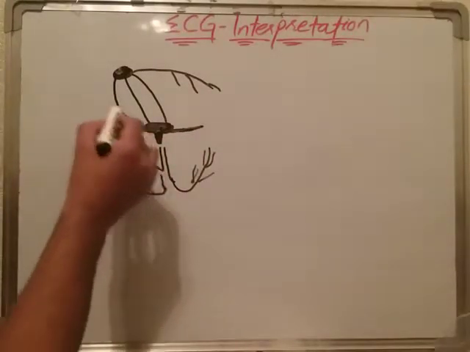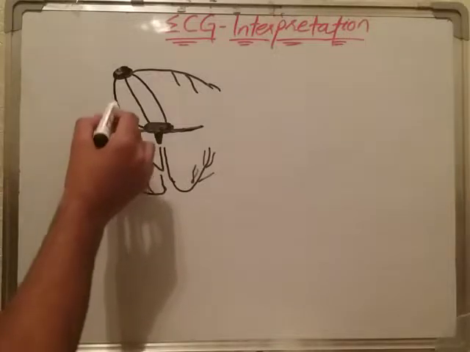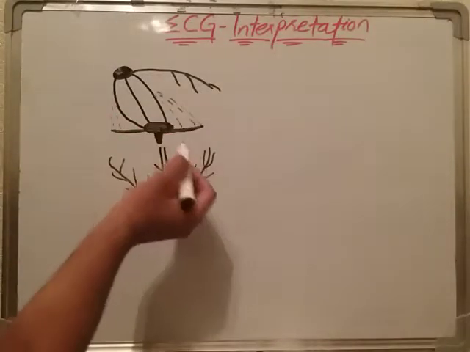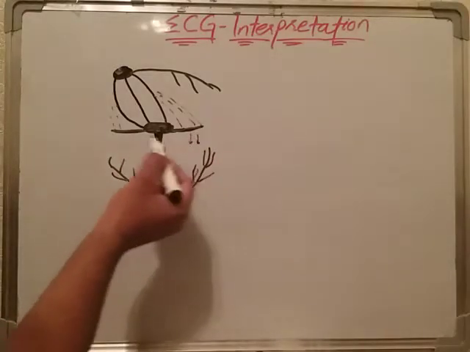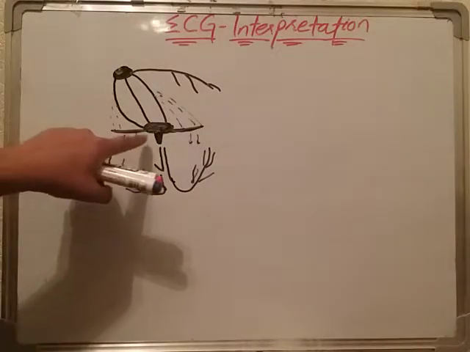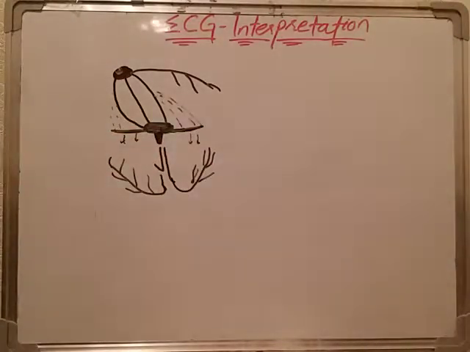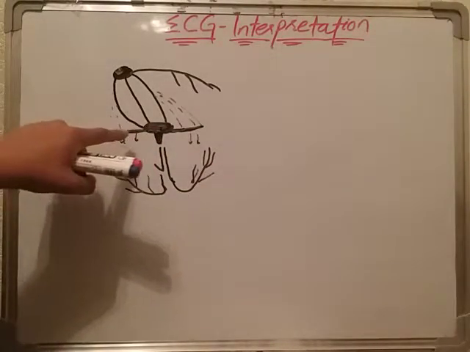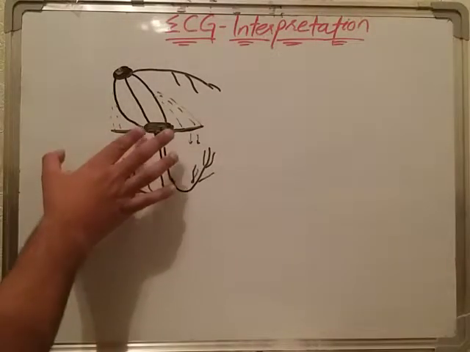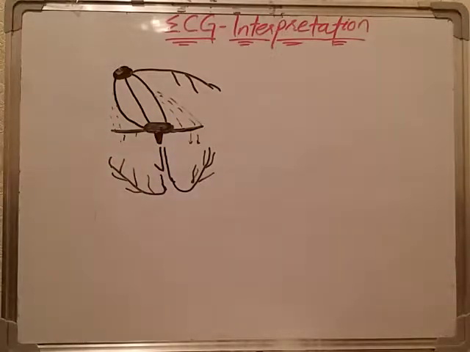But the impulses which fall anywhere other than the AV node cannot conduct down to the ventricles, because of the fibrous skeleton of the heart, which acts as an insulator. It will not allow the conduction to pass down to the ventricle.